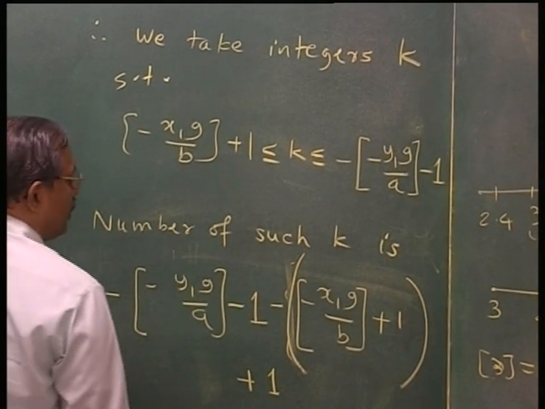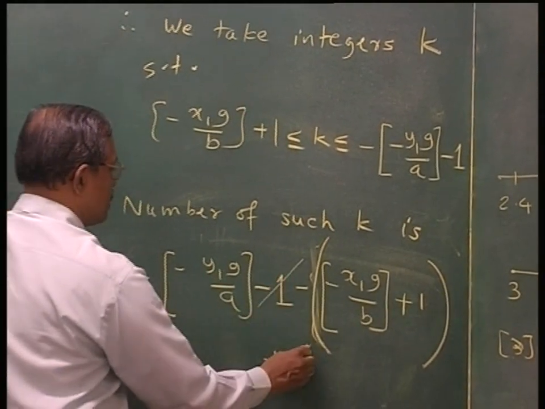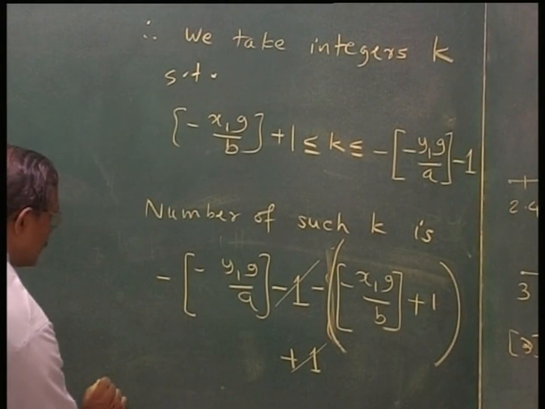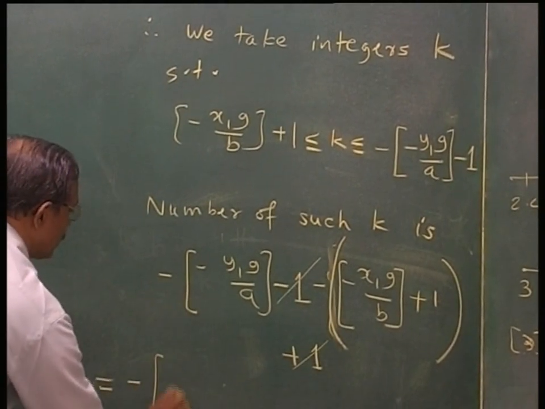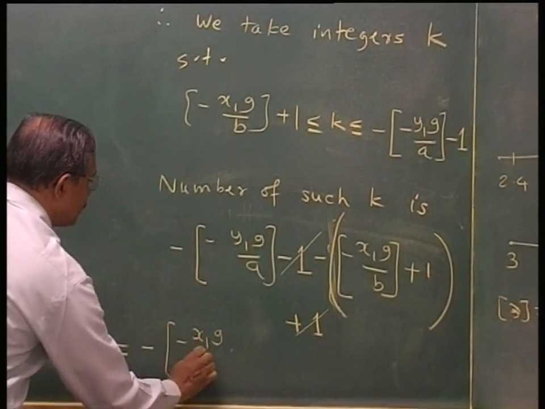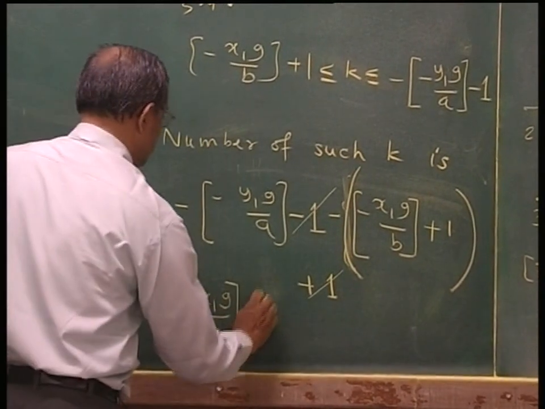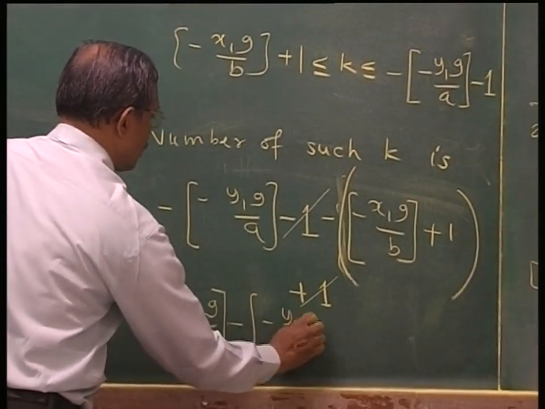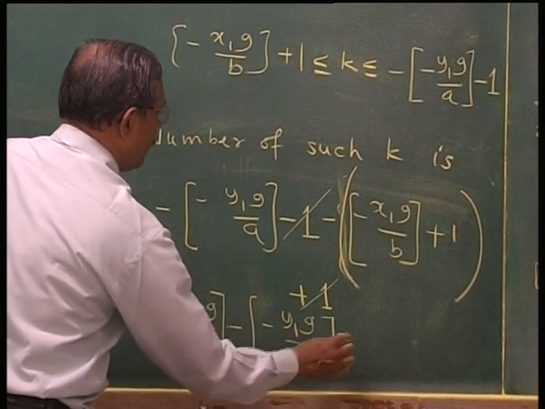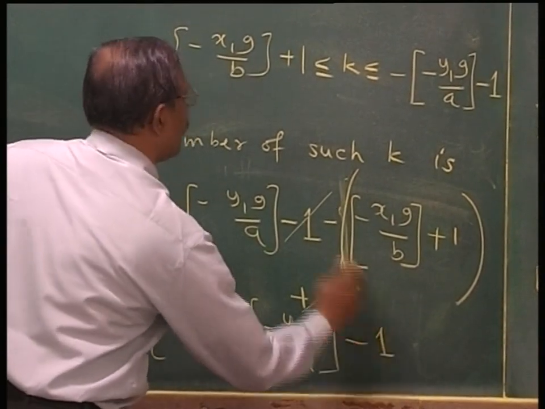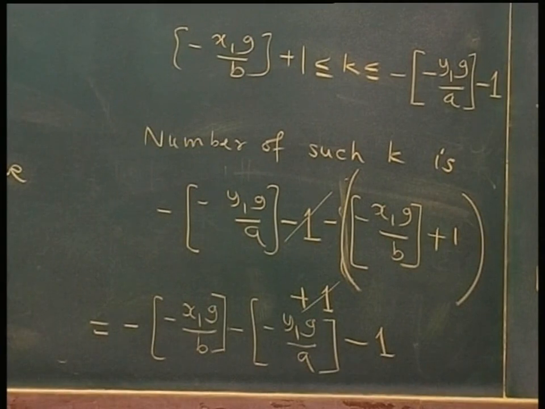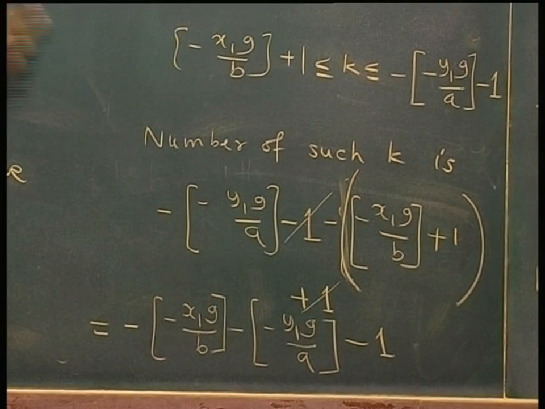So this minus 1 and this plus 1 get cancelled, and the answer is minus x1g by b integral part minus y1g by a integral part minus 1. This is the exact number of positive solutions.